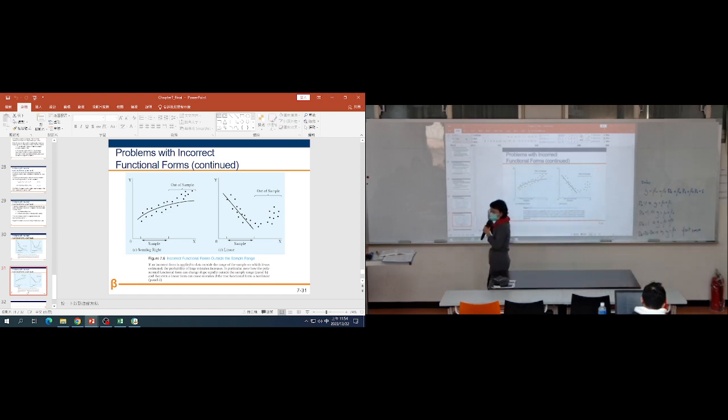So if we have an incorrect functional form, most of the time the forecasting error is big. And if your purpose is forecasting, the incorrect functional form makes big mistakes. Okay, this is all about chapter 7. I'm done with that.